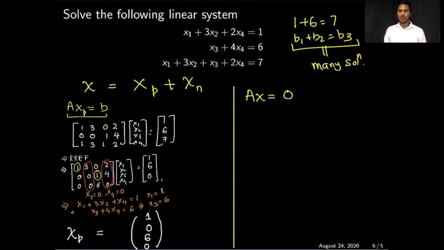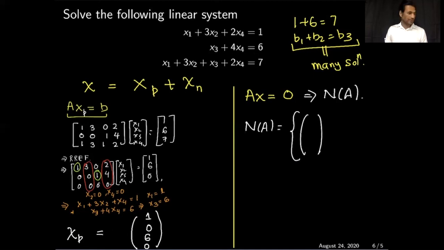Next, we need to calculate all the solutions of the linear system Ax is equal to 0, or in other words, the null space of this matrix A. In one of the videos, we learn how to calculate the null space of a matrix, so please watch that video. Here I will give you the null space of this matrix. There are two vectors in the null space.